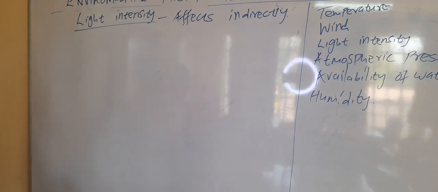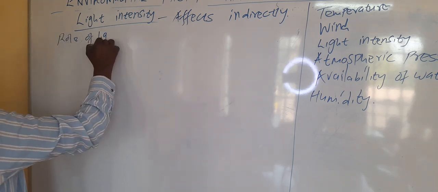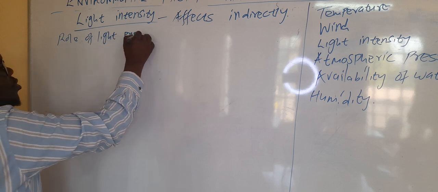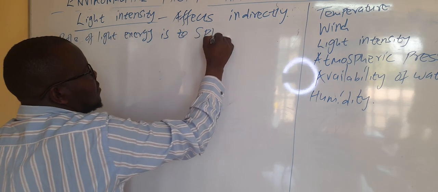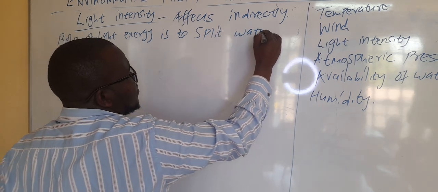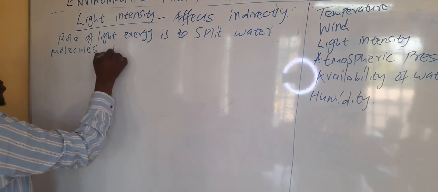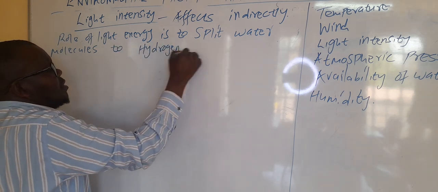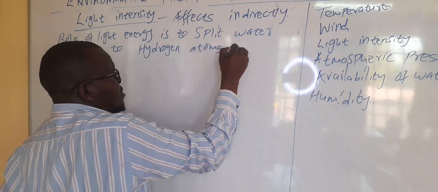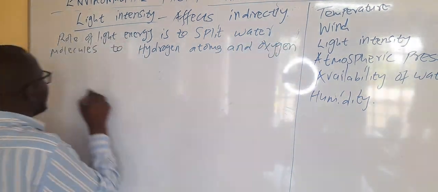You know the role of light in a plant. The role of light energy is to split water molecules into hydrogen atoms and oxygen gas.